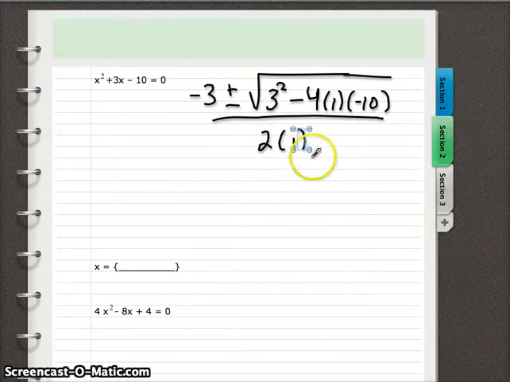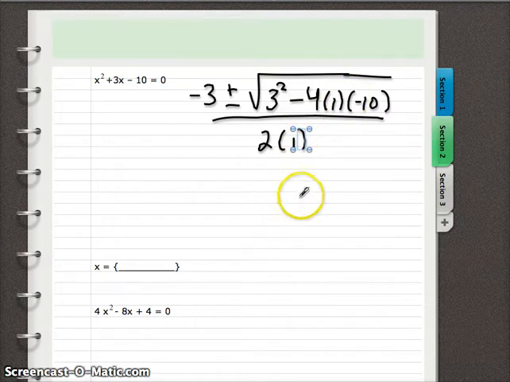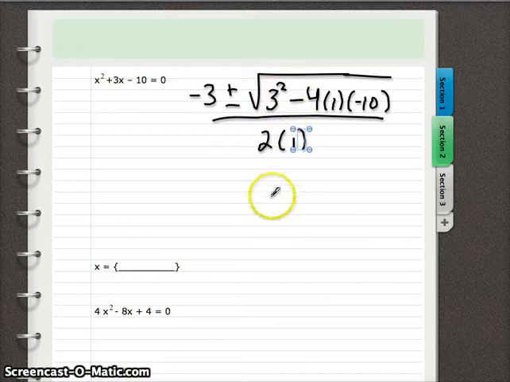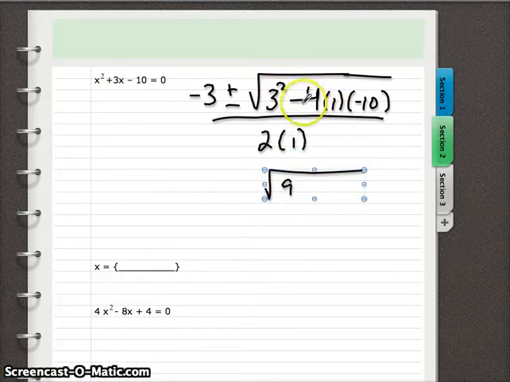Alright, so all you got to do is really just simplify. Start inside the radical. Treat that as like parentheses in your PEMDAS ordering. So 3 squared is 9. Negative 4 times 1 is negative 4. Negative 4 times negative 10 is positive 40. So what do we get inside here?